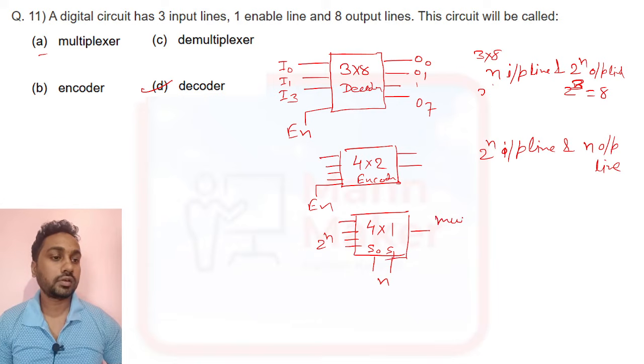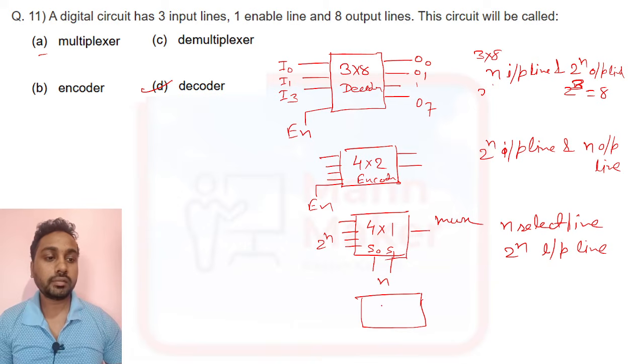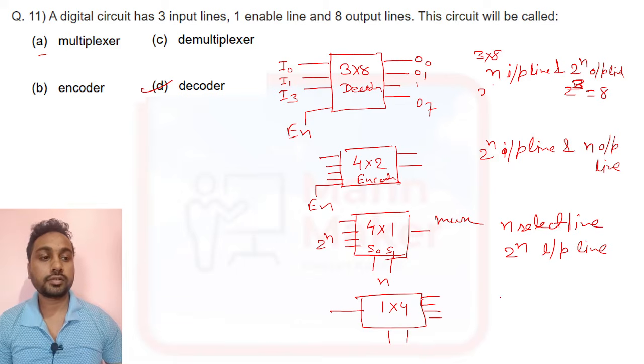So this is your mux, that is multiplexer. In a multiplexer, if n select lines are there, then 2 to the power n input lines will be there, and output is always 1 only. Now for the demultiplexer, if it is 1 into 4, demultiplexer means 1 input always and many outputs. 4 outputs will be there, and again 2 select lines.